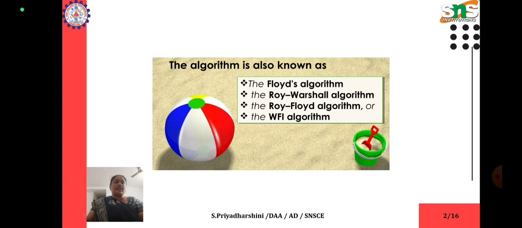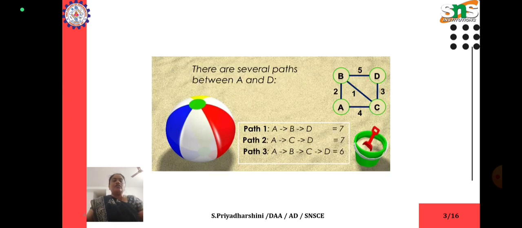So let's see what Floyd's algorithm is. It is also known as Floyd-Warshall, Floyd, or the WFI algorithm. First, let's see the definition. Floyd's algorithm is an all-pair shortest path algorithm, unlike Dijkstra and Bellman-Ford, which are single source shortest path algorithms.